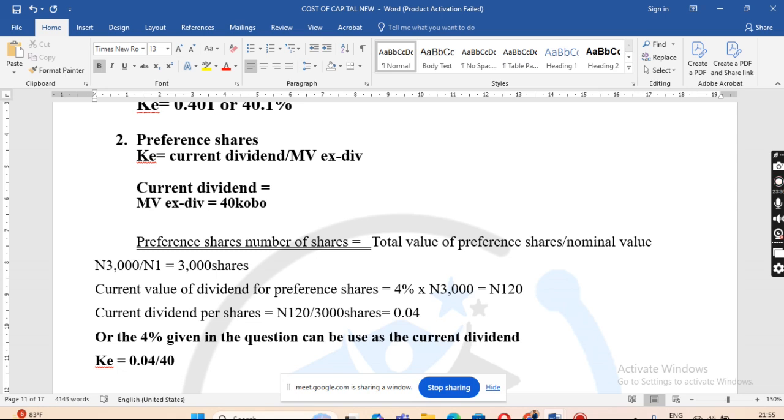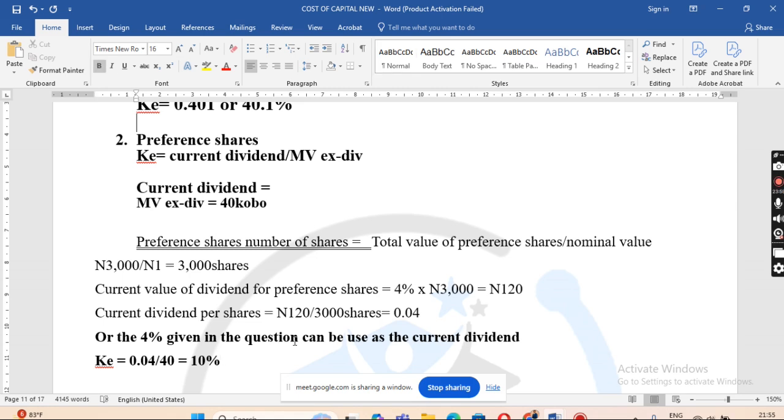Divided by the what? The 40 times 100. What do you have? Class, what do you have? 10%. How many percent? 10%, right? 10%. Thank you. This is your cost of preference shares.